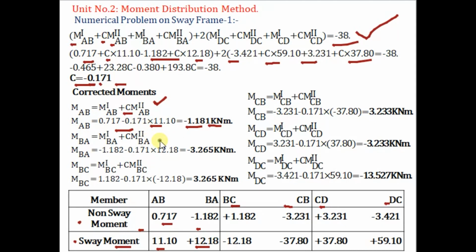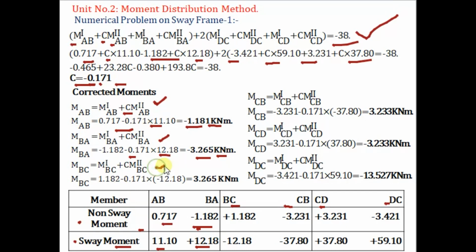Similarly, corrected moment MBA is equal to first moment due to non-sway moment plus correction factor into second moment by considering sway frame. We have these two values, minus 1.182 minus 0.171 into, this is second value, 12.18, is equal to minus 3.265 kilonewton meter.